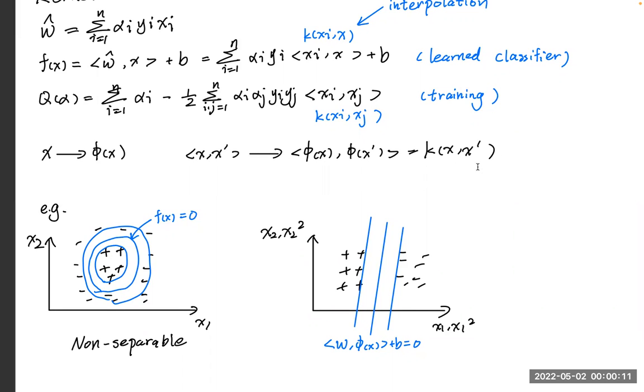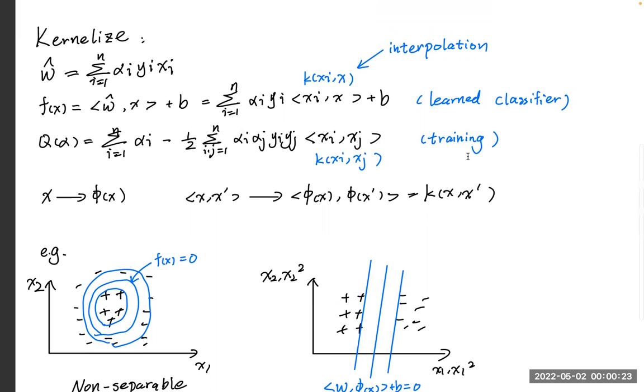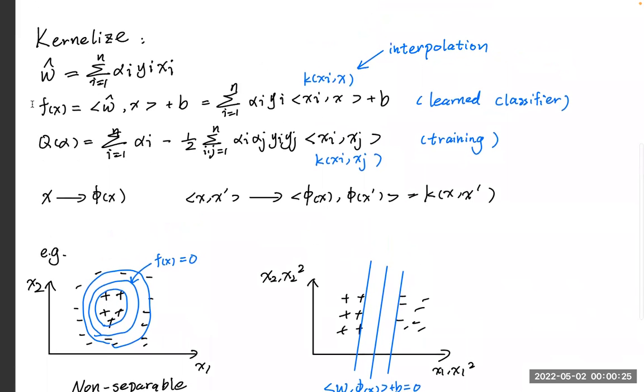For example, this radial basis function, or the Gaussian function, as we specified in the previous lecture, measures how close or how similar x and x prime are. And then you see that your classifier for a query x, for an arbitrary x, how you score this x, you just compare this x to those training examples. Suppose you have 1,000 training examples.